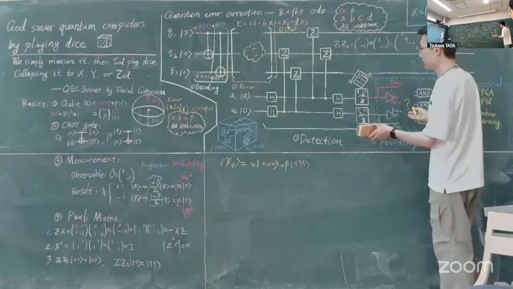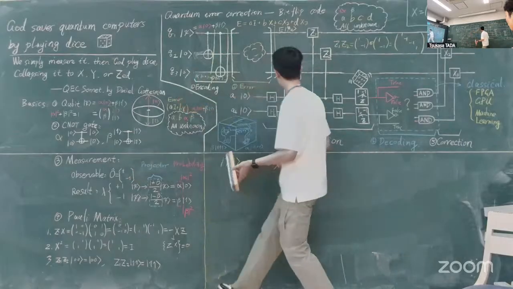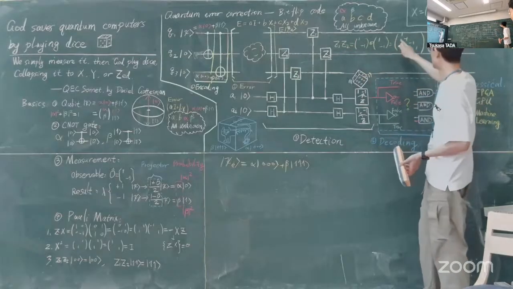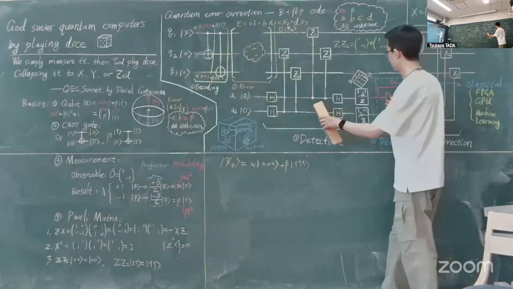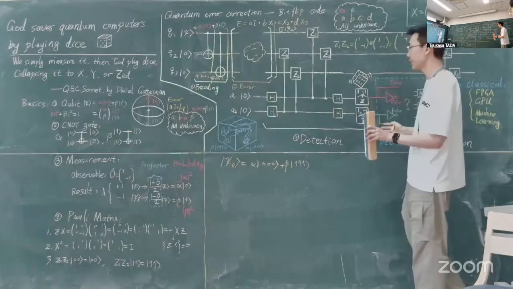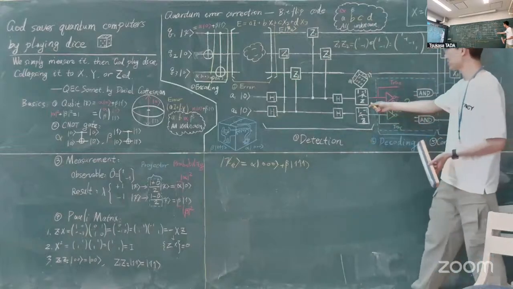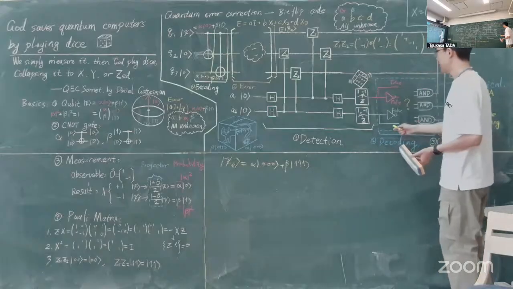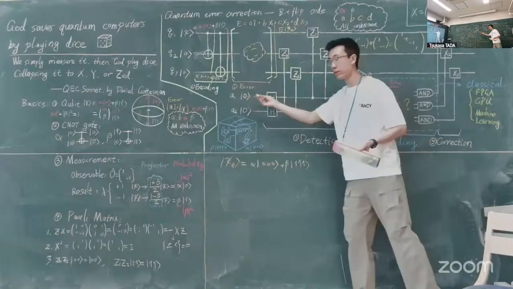So here we have the observable with eigenvalues 1 and -1. Here the observable is a 2 qubit observable, so 1, -1, -1, and plus 1. And in the language of quantum computation, this measurement process is called the Hadamard test because we use two Hadamard gates here and perform the measurement on this ancillary qubit.